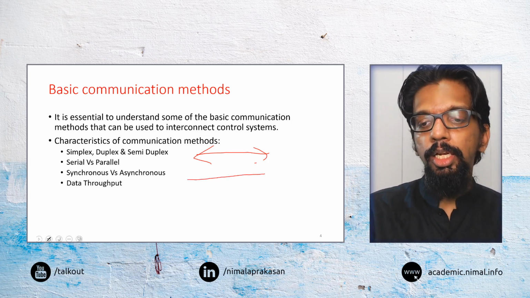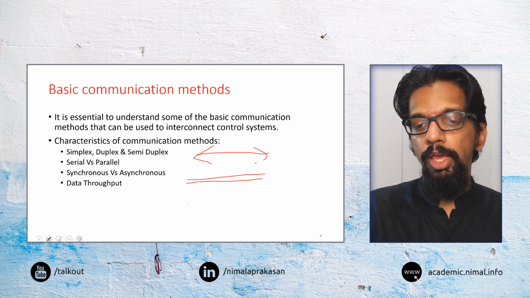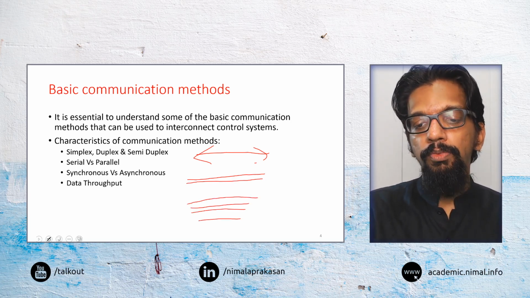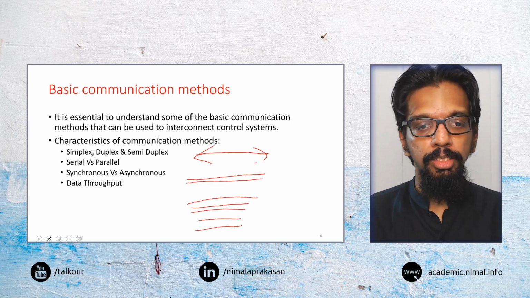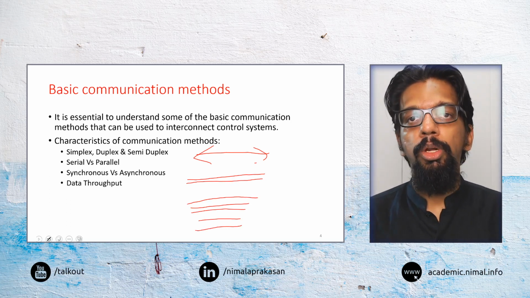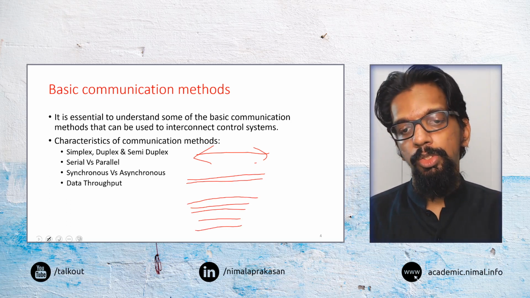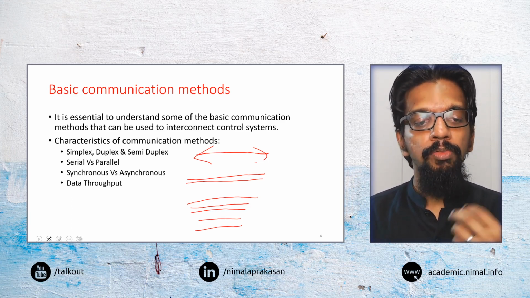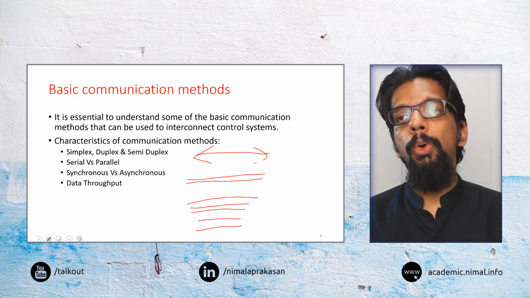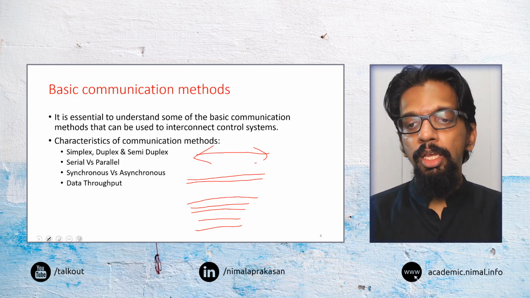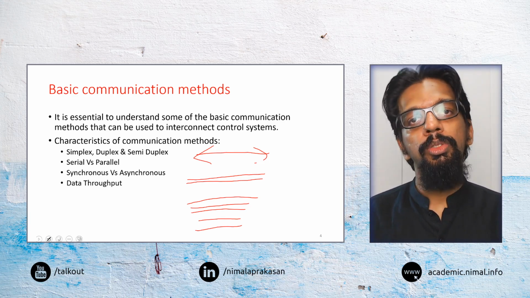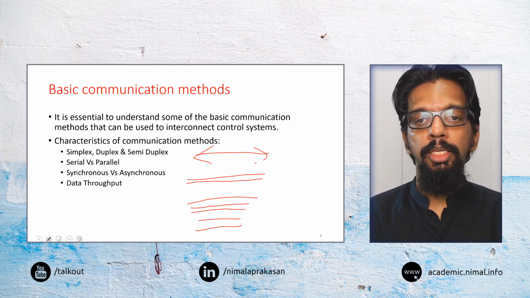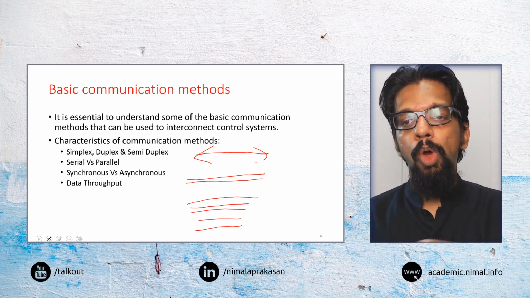Then whether we have a serial or parallel connection. So a serial connection is using a single or a few wires, whereas in a parallel connection we'll have to have a large number of wires corresponding to the number of bits that are there. So you may recall what we looked at in the previous weeks. Then we have synchronous or asynchronous communication. Again, this is relevant to how signaling can happen from one node to the other.